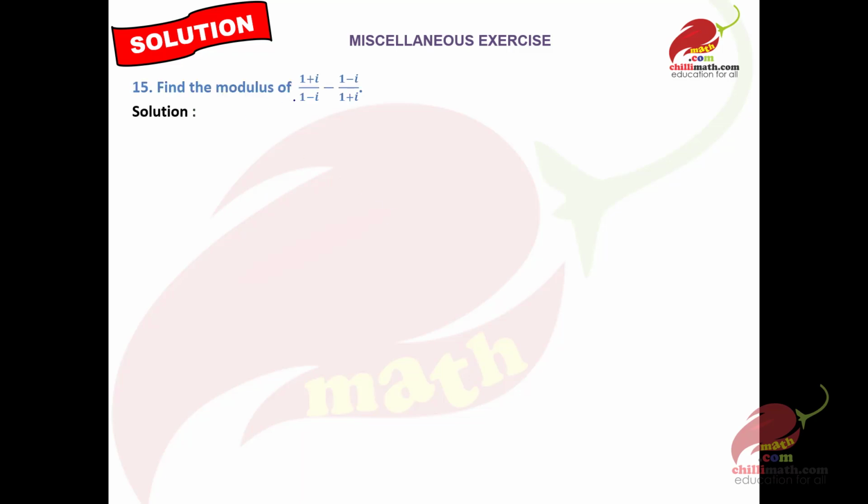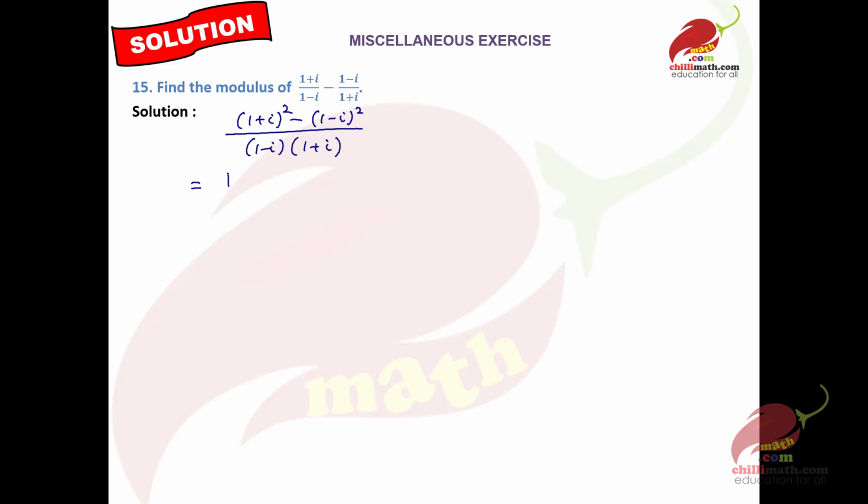15th question: find the modulus of (1 + i)/(1 − i) − (1 − i)/(1 + i). First of all we find this value, then after we'll find its modulus. So take an LCM. This is (1 − i)(1 + i). Cross multiplying, this is (1 + i)² − (1 − i)².